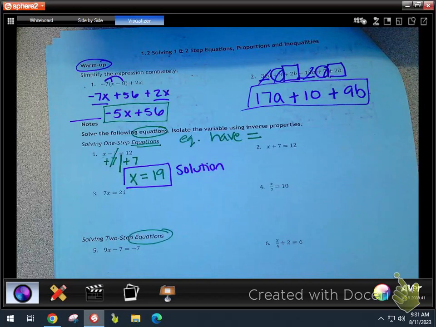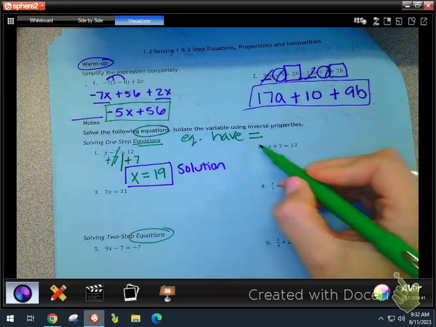You can do what Zane did. You can throw that back in and make sure 19 minus 7, type in your calculator if you need to, oh, that does equal 12. So you know you did it right. So what I like about equations is you can always go back and catch those silly math mistakes here and there.